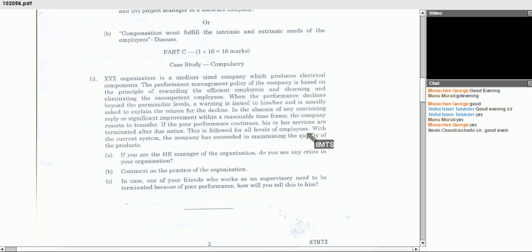This is followed for all levels of employees, from higher to lower rank. With the current system, the company has succeeded in maintaining the quality of the product. So, did all of you understand the case study?